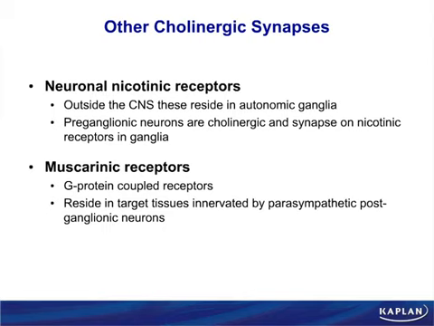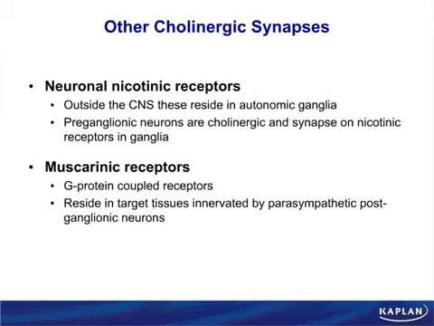All right, preganglionic neurons are cholinergic and synapse on nicotinic receptors in the ganglion. And again, this is both parasympathetic and sympathetic. Both branches of the autonomic, the preganglionic neuron is cholinergic and the synapse is a nicotinic neuronal.